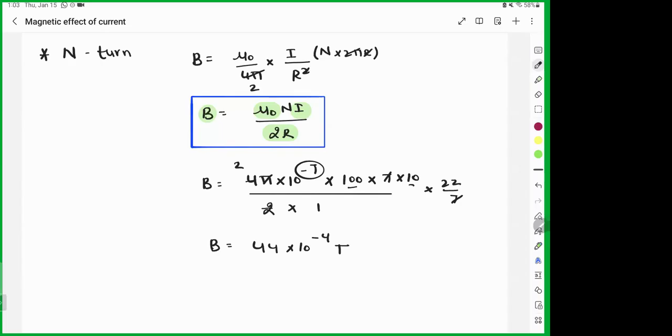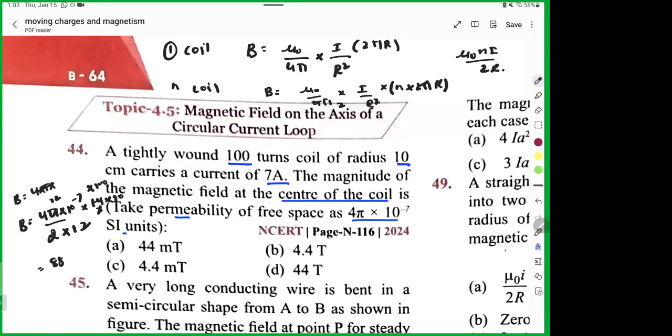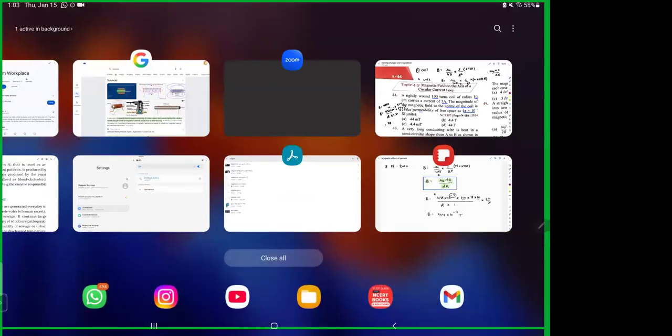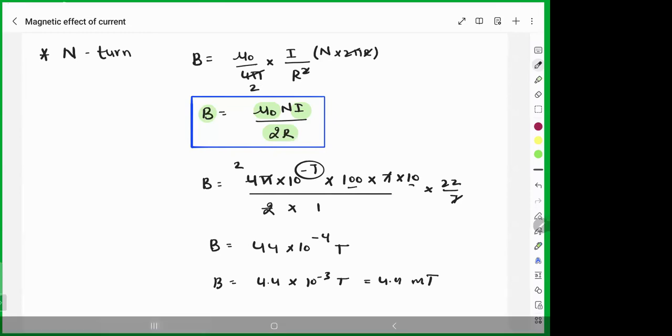So they have given the answer in millitesla. If it is millitesla, you have to convert this into 10 raised to power minus 3. So how to convert? You will take 4.4 into 10 raised to power minus 3 Tesla. So 4.4 millitesla. Any doubt, guys? No, sir. So the answer will be C.